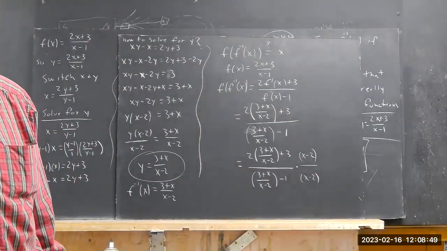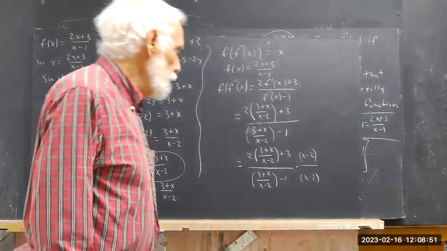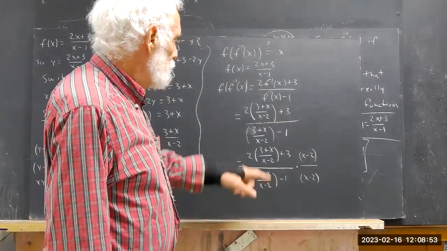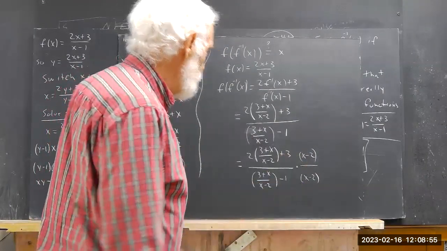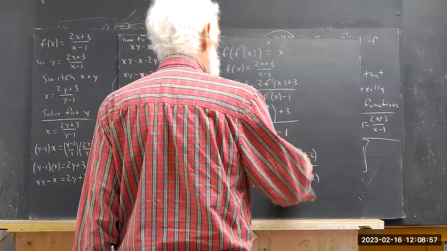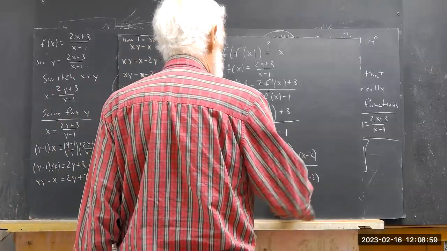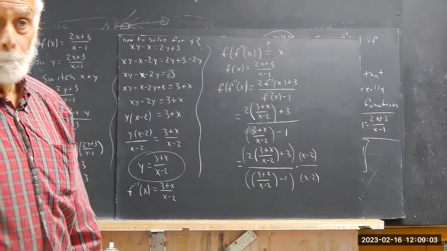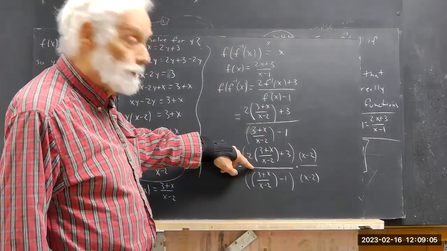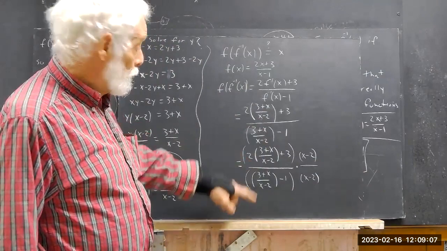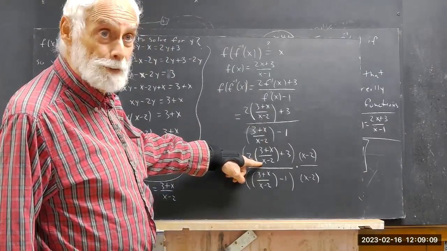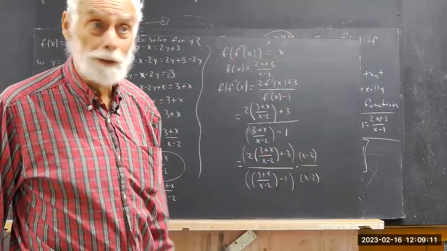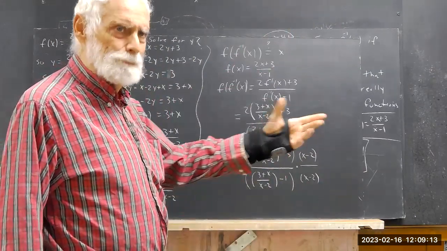Now, if you look ahead, that means I've got to multiply all this by x minus 2. So maybe I've got to put this in parentheses and remind myself it's all going to be multiplied by x minus 2, right? Well, the x minus 2 can be lined up with this x minus 2. Goes away. Yeah, by the rules.